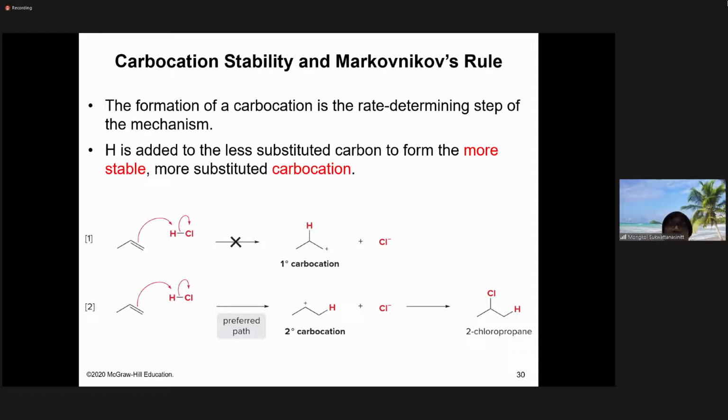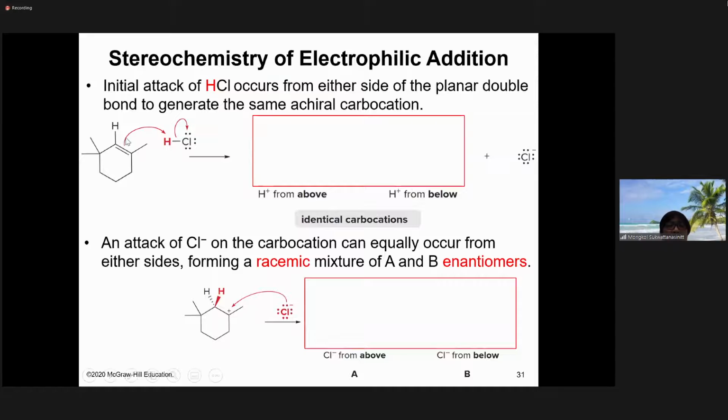The rule has been modified based on the stability of the carbocation rather than simply looking at the number of hydrogens on the carbon. Because that is a simple suggestion. Sometimes it does not hold in some alkenes, but looking at the stability of carbocation can explain a broader range of products of the reaction.